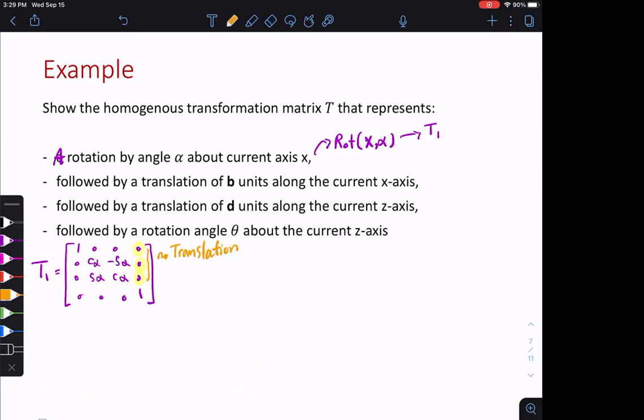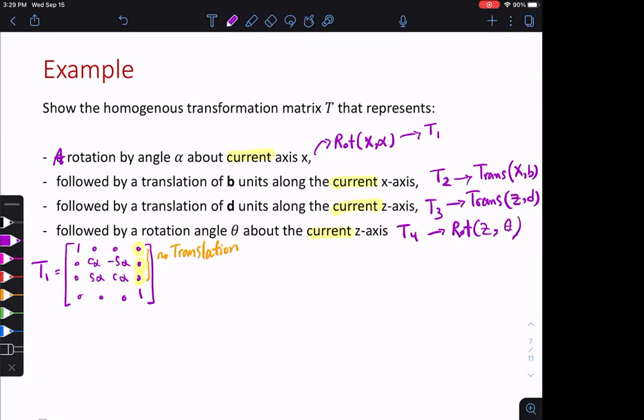I wrote the first one, and since all of them are current axes, just post multiply them. So if this was T2, T3, T4, this is a translation, X and E. This one, translation Z and D. And then this one is a rotation Z and theta.